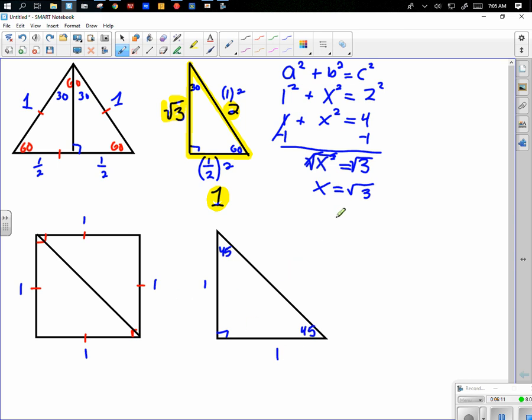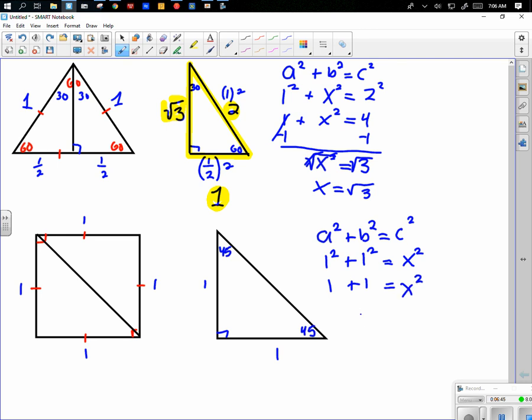Well, use the Pythagorean theorem again. One of the legs squared plus the other leg squared is equal to the hypotenuse squared. One of the legs is 1, the other leg is also 1, and the hypotenuse we don't know. Let's call that x.